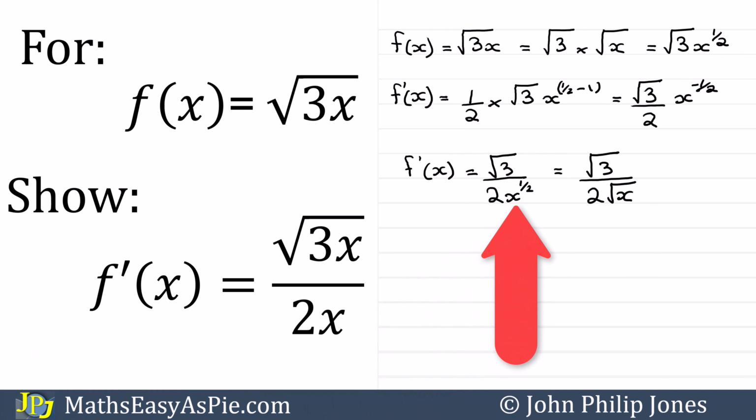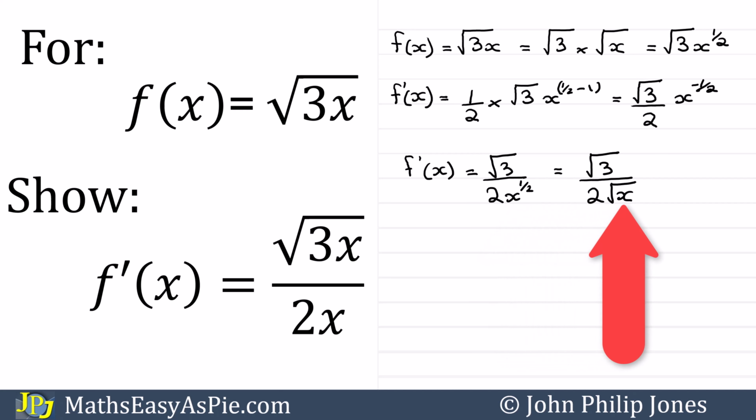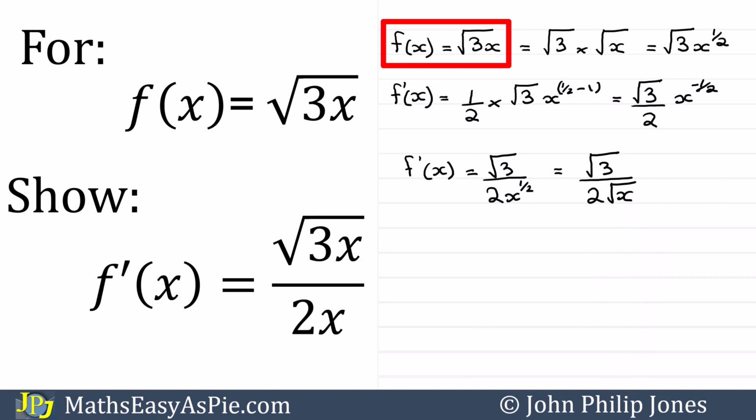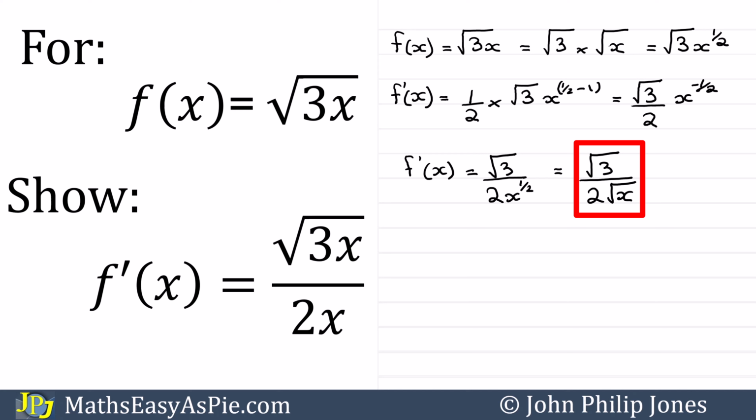This x to the half here can be written, if you remember from previous work, as the square root of x. So we started off with f of x equals the square root of 3x, and we've ended up with f prime being this value here. And this is where I got up to in the last video.